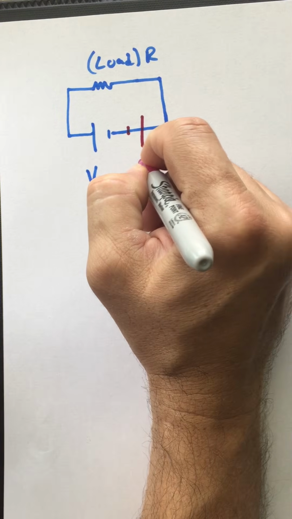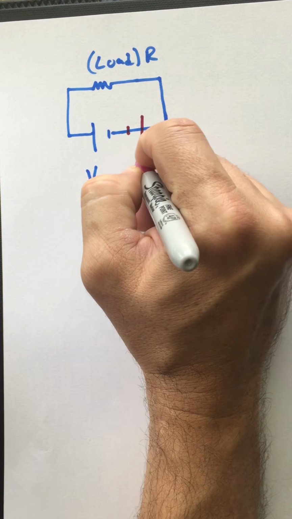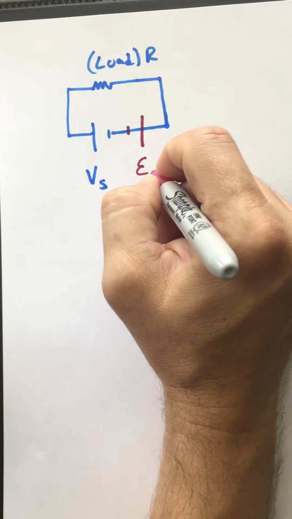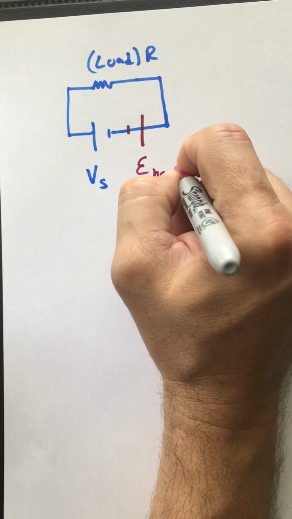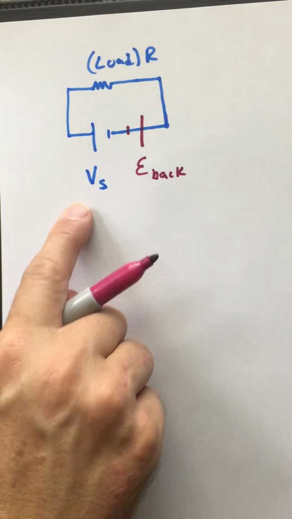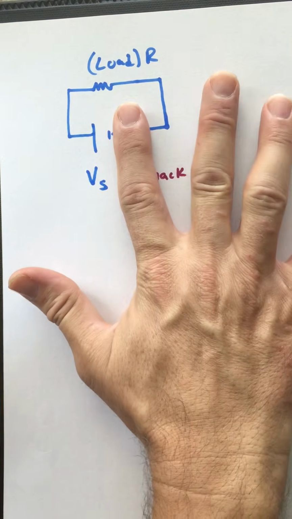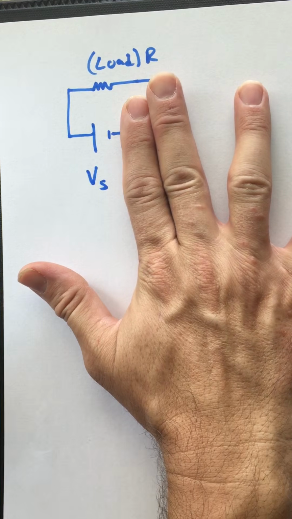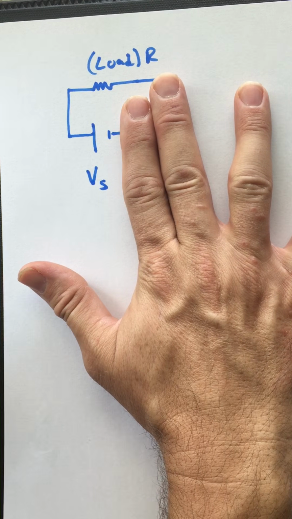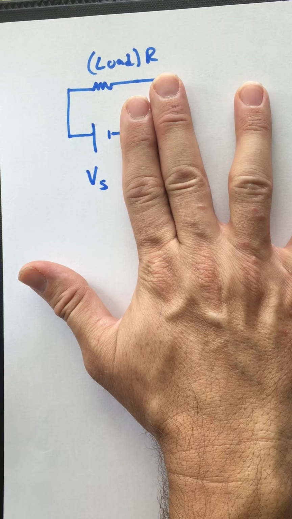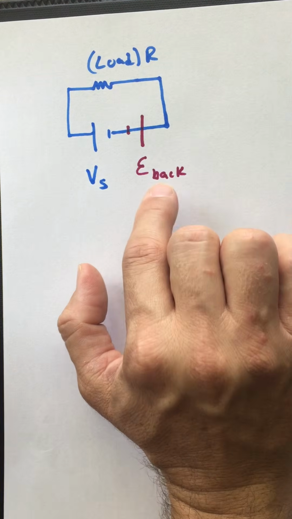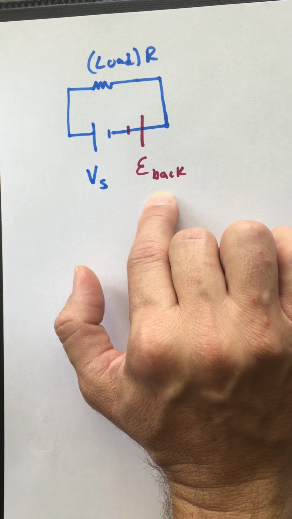Notice I'm drawing it backwards because it's opposing. So here is what I call my back EMF. I'm going to use the script E for that, and I'll even subscript it with back. Before I flip the switch, I have nothing, just the source voltage. I flip the switch, this thing starts spinning, and then immediately I get this back EMF.